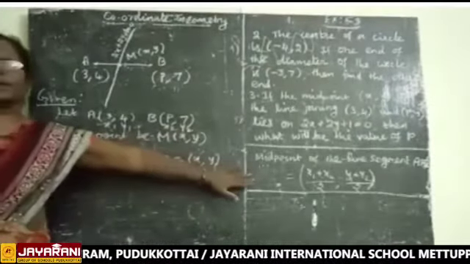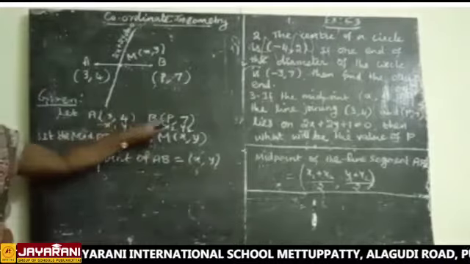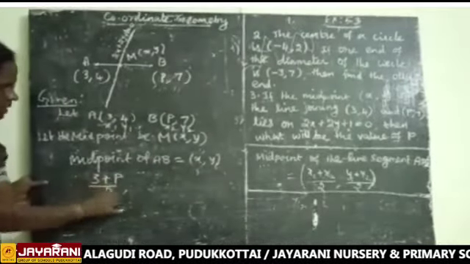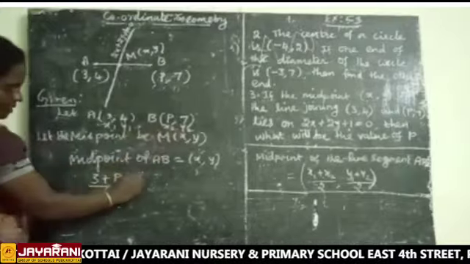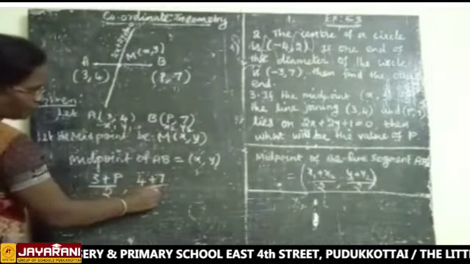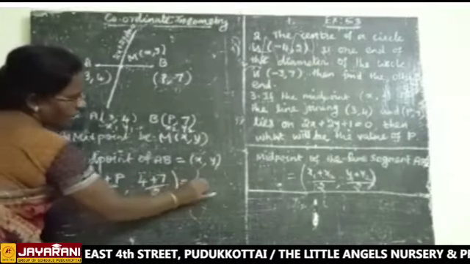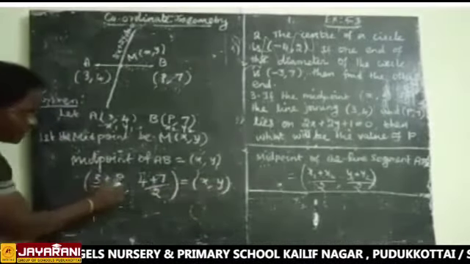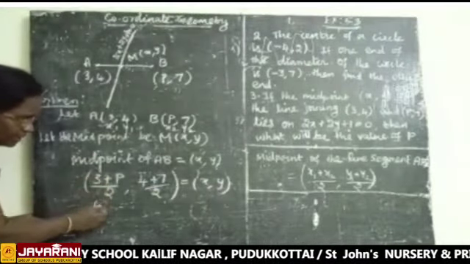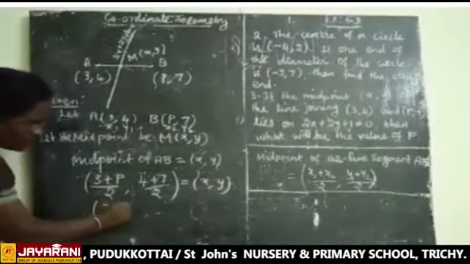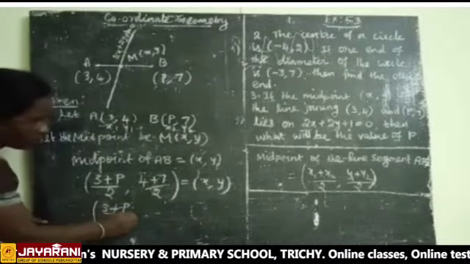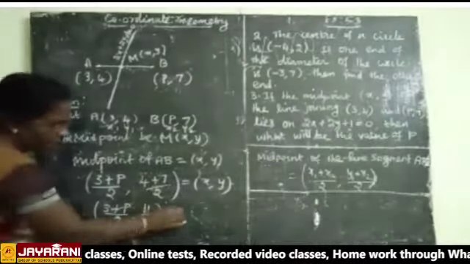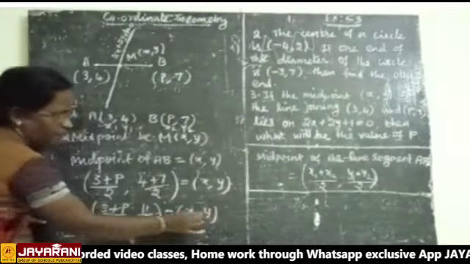Using the midpoint formula, (3 plus p) by 2, comma, (4 plus 7) by 2, equals (x, y). We can't add 3 plus p because p is a variable, so just write (3 plus p) by 2, comma, and we can add this to get 11 by 2.